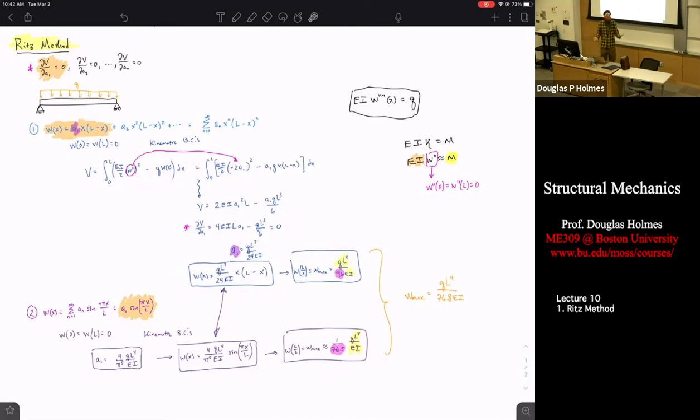So it's a trade-off. The math is a little bit harder. Sometimes you might not be able to guess a function that matches all the boundary conditions. And in that case, you don't just quit. You can say, well, I know that I'm not going to have the exact answer. I'm going to have some error here that will be larger than if I had a better guess. But it's still an answer.